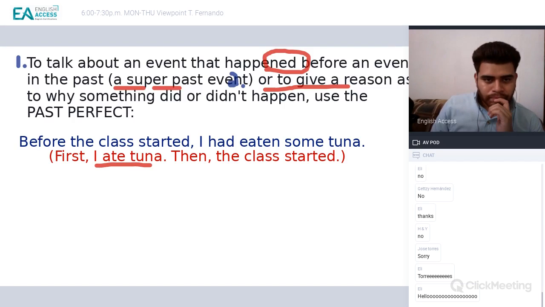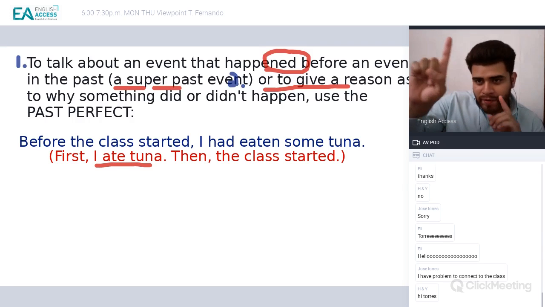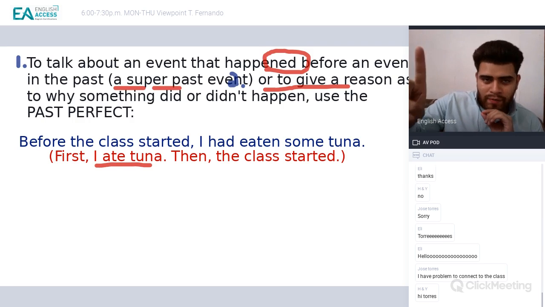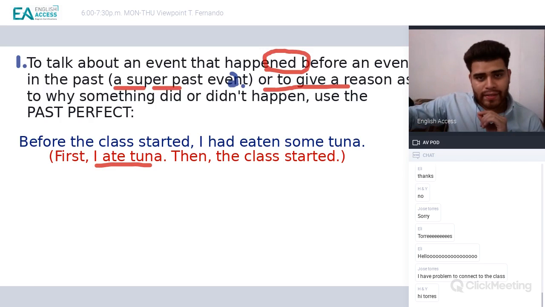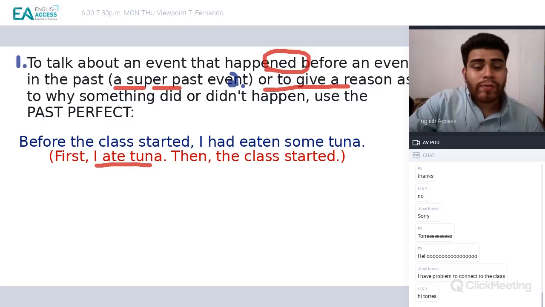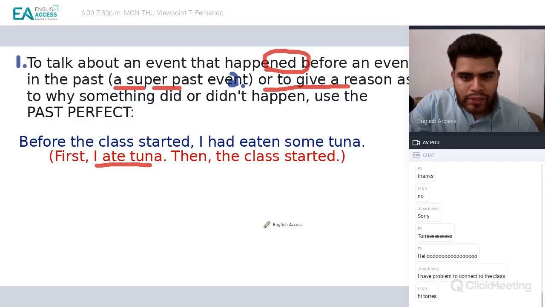Okay? The super past. Now, that is my first thing. We use the past perfect to talk about the super past or to talk about a super past event. Now, we can also use it to give a reason about something in the past. So let me explain.